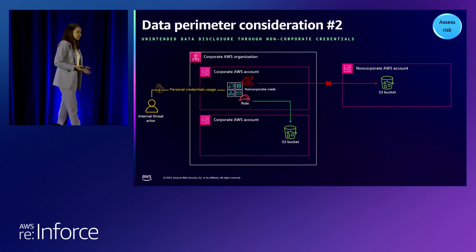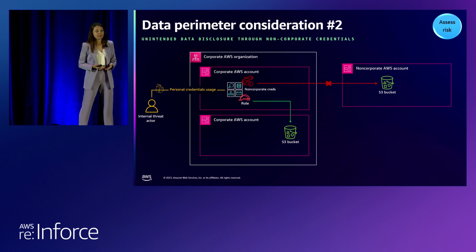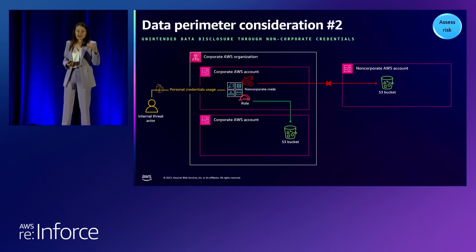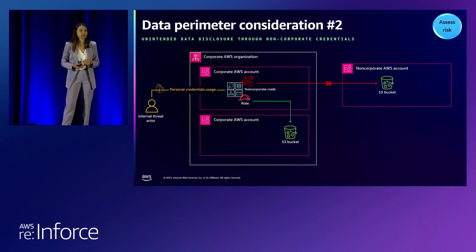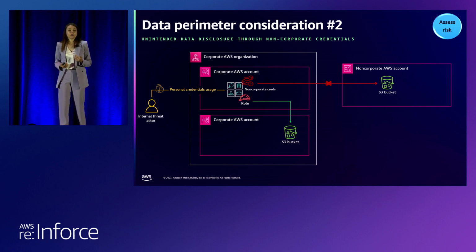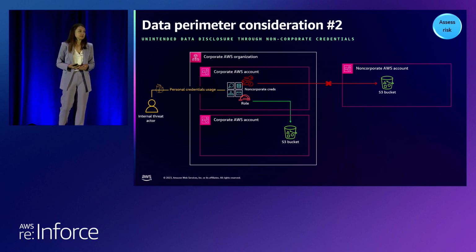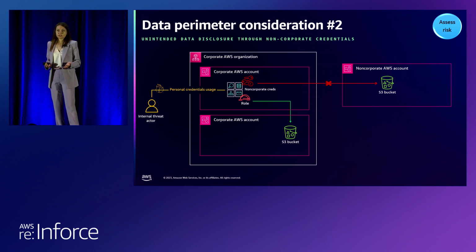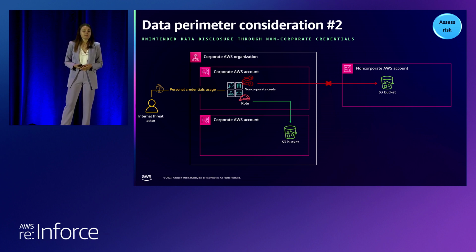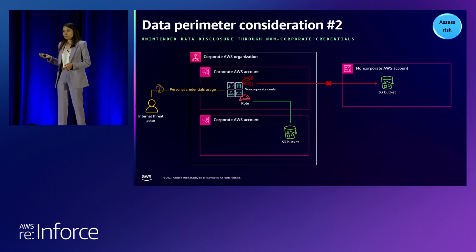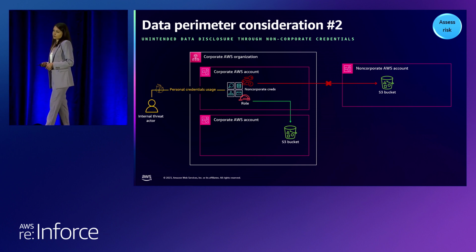But if that happens and there are no guardrails in place, now that actor can potentially initiate a data transfer to a location that is not under the control of your organization. So that could be another security risk that your organization may need to mitigate to align with security requirements or to support strategies such as data loss prevention.